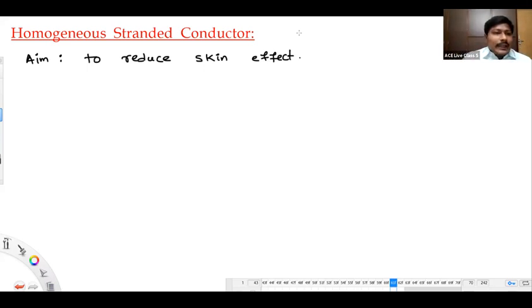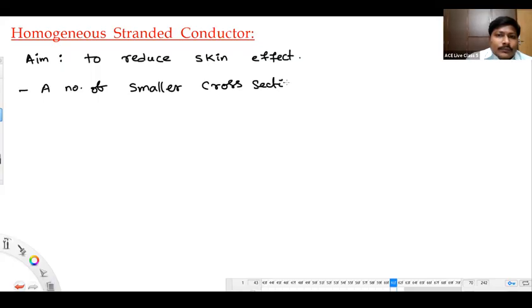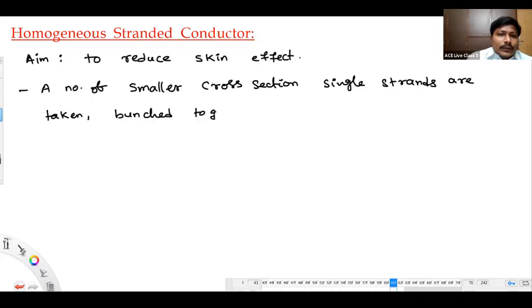The definition is: a number of smaller cross-section single strands are taken, bunched together and twisted throughout the length.